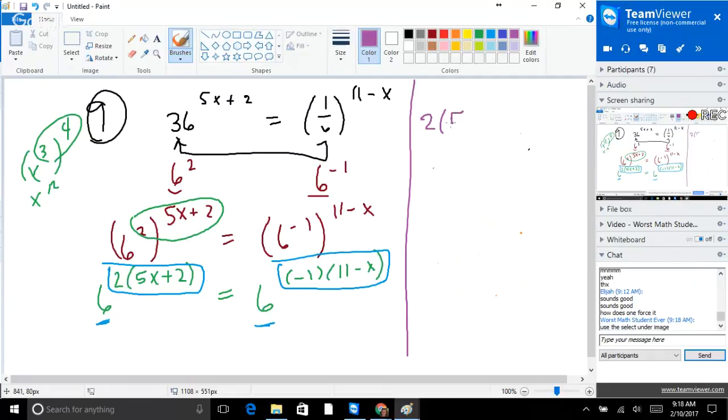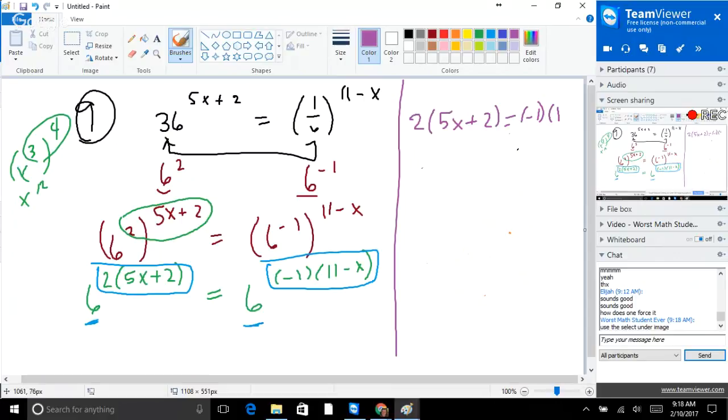So 2 times 5x plus 2 equals negative 1 times 11 minus x. Now my favorite property, if you have me for Algebra 1, the distributive property, right? 2 times 5x is 10x plus 4 equals negative 11 plus x.